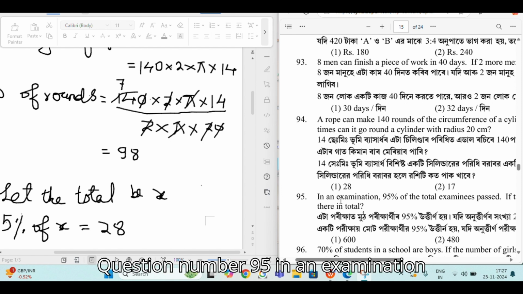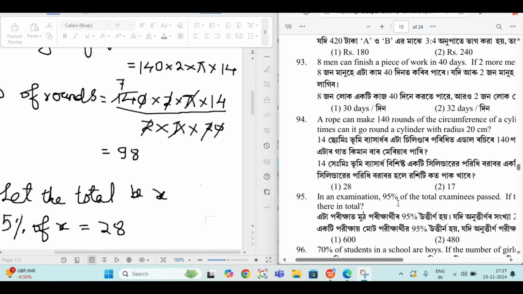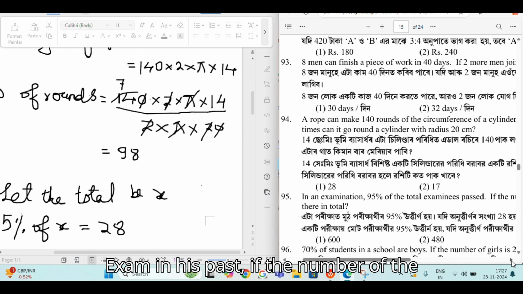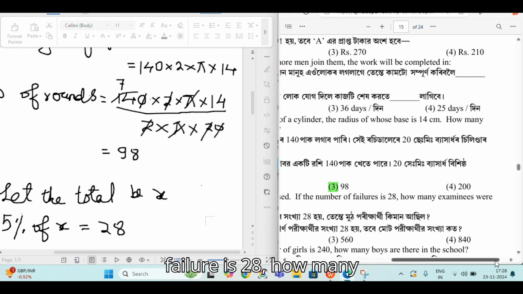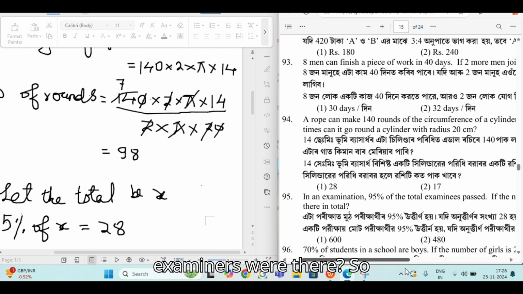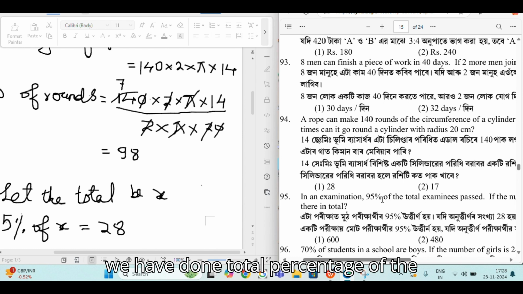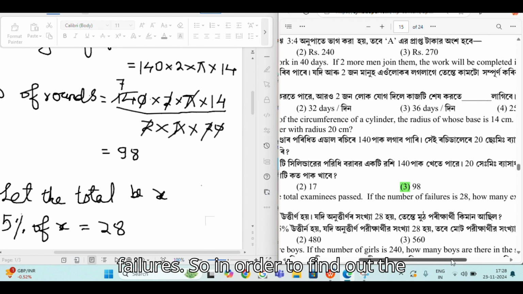Question number 95. In an examination, 95% of the total examinees passed. If the number of the failures is 28, how many examinees were there? We have the total percentage of the examinees who passed and the number of failures.